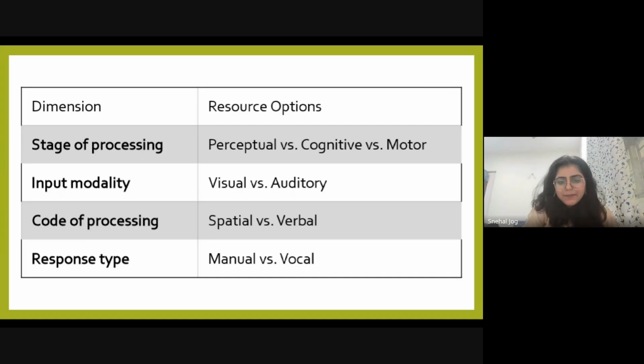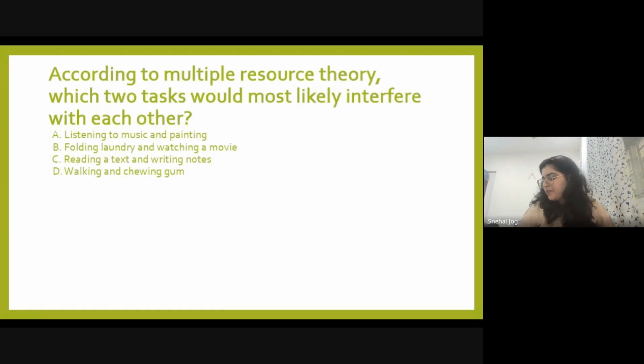Okay. So basically, perceptual stage is your brain just taking in information and recognizing sensory information even before you decide to act on it. Okay, so that is it. I think when I give you MCQs, you'll be able to understand this in a better way. Let's see. I think I've added an MCQ here. Yeah, look at this. According to multiple resource theory, which two tasks would most likely interfere with each other?